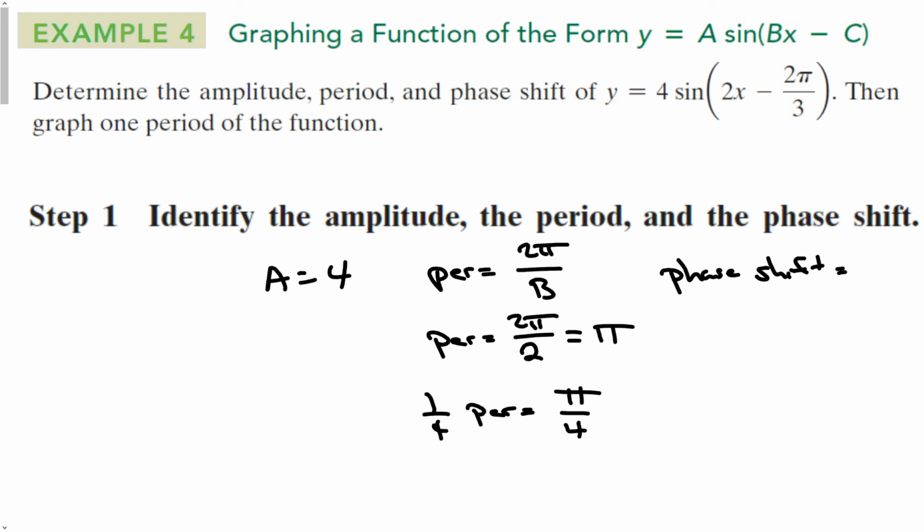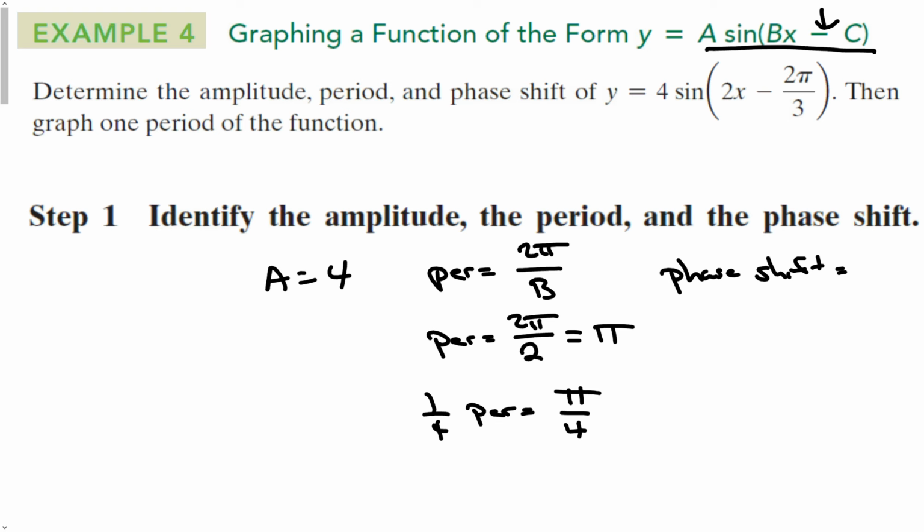Okay. Now, the formula for the phase shift is c over b, but you have to decide whether c is positive or negative. Inside the parentheses, notice there is a negative sign. If you see a negative, you must make it a positive. The negative is supposed to be there, and that shifts the function right.